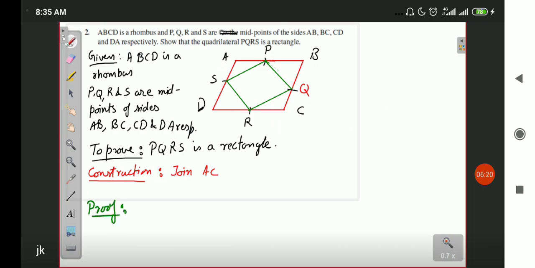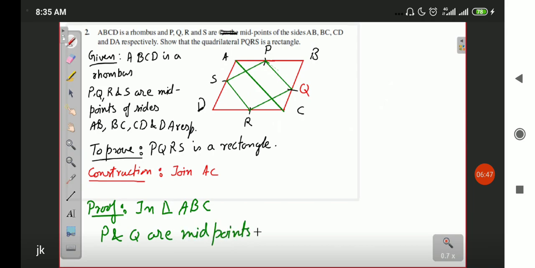Like we did in the previous part, first of all, let me draw the AC diagonal. This is the AC diagonal. We are going to use midpoint theorems in the triangles above and below the diagonal AC. In triangle ABC, P and Q are midpoints of AB and BC.